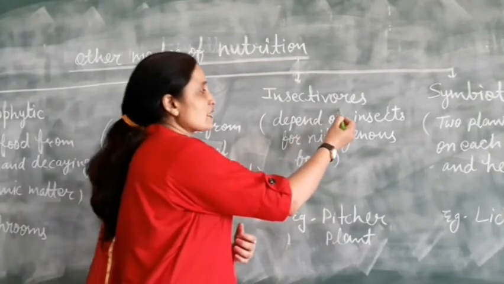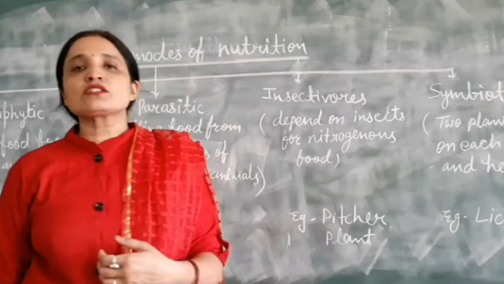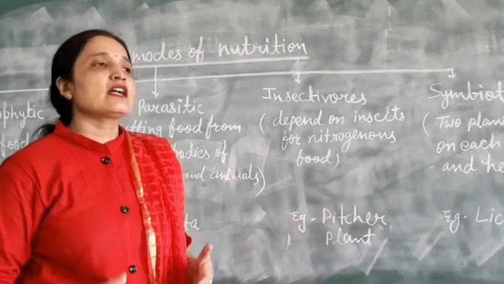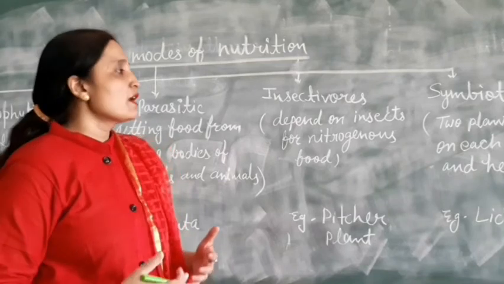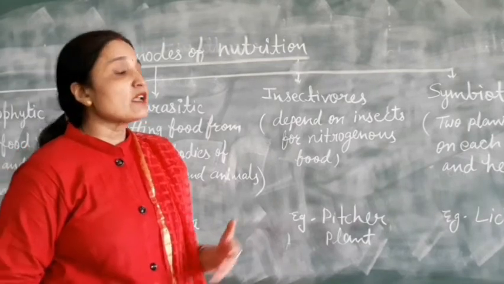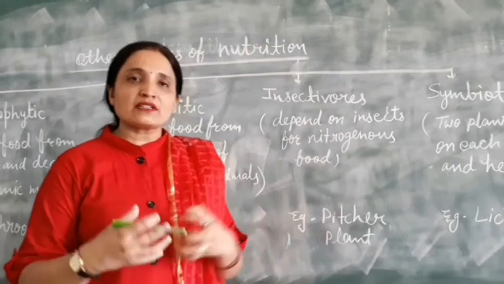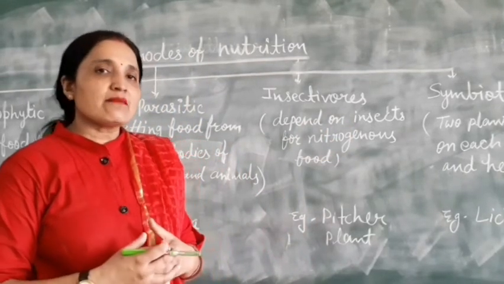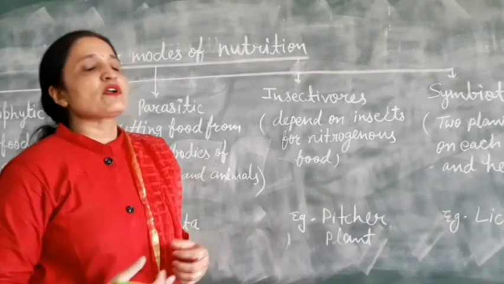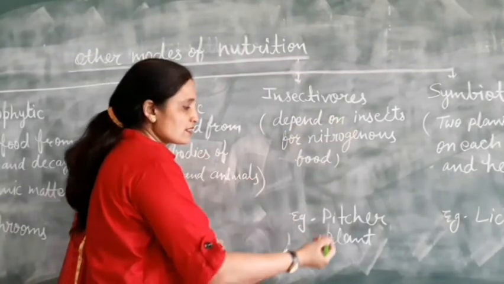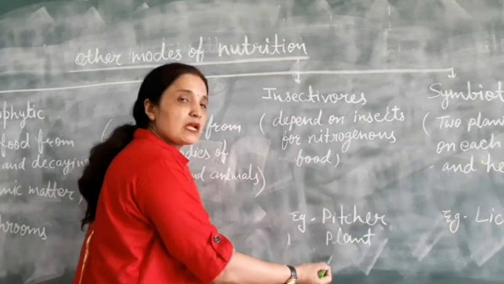Third is insectivorous. Insectivorous plants make their own food, but they depend on insects for nitrogen. They trap the insects, eat them, and get nitrogen from them. That is known as insectivorous, and its example is the pitcher plant.